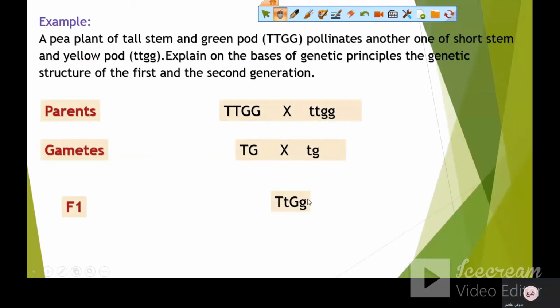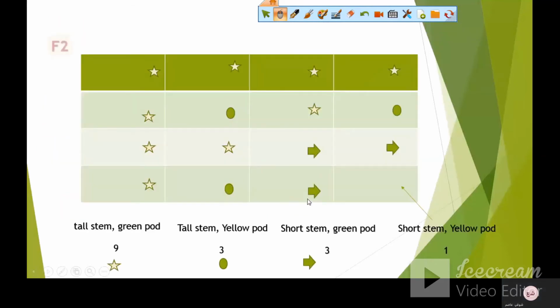Now the first generation will make fertilization, and we need to get the second generation, which is F2. We'll make it here.